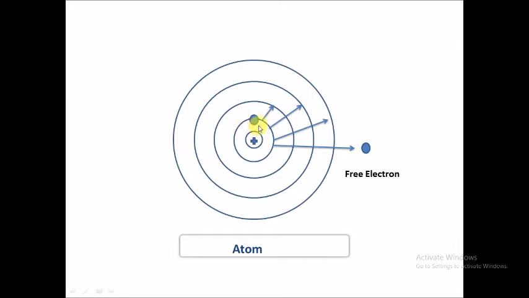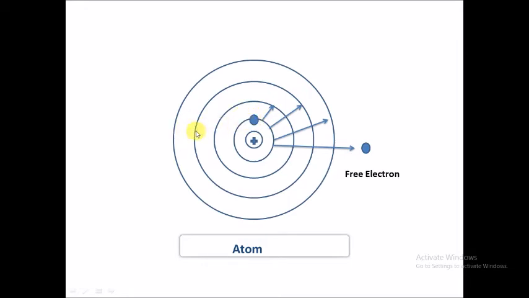There are so many ways to provide energy to this electron. That may be in the heat form, that may be in the mechanical form, and one of those forms is the light form, or the photon energy. So the energy will be provided to this electron in the form of photon or light.